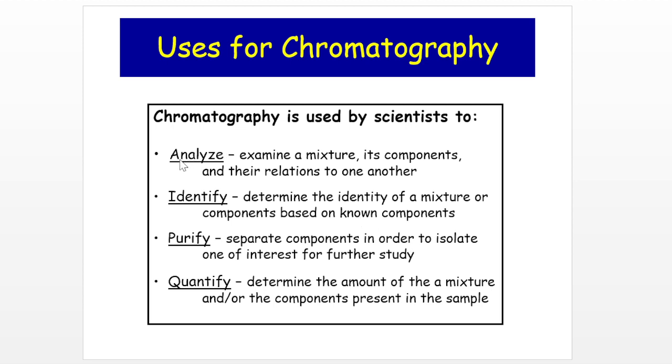The first purpose of chromatography is to analyze: examine a mixture, its components, and their relation to one another. Identification, or we can say identify, is the second purpose of scientists. Chromatography is used to determine the identity of a mixture or component based on known components.